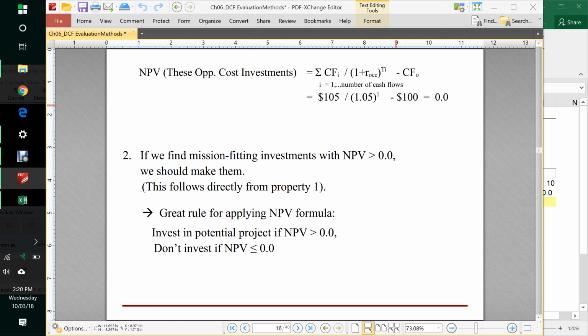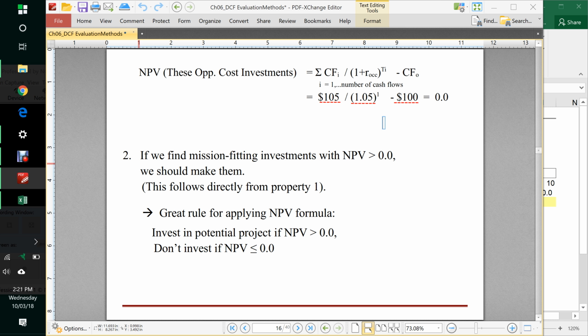So if we put 100 in, we would get back 105 in a year, and we'd have to discount that back by 1.05. So even I can do this math in my head. 105 divided by 1.05 minus 100 is in fact 0. Yahoo! Okay, so that works.